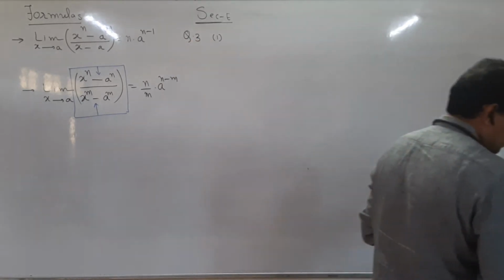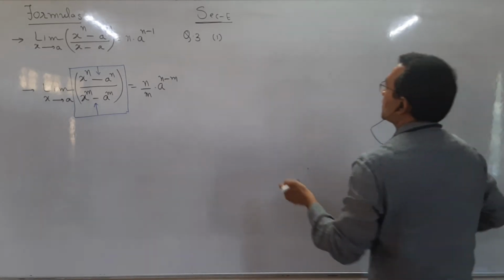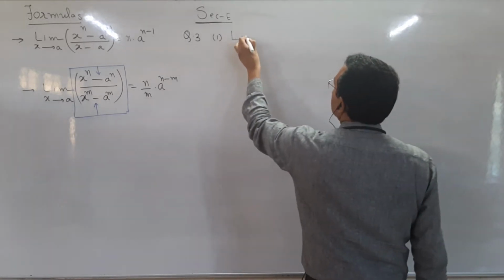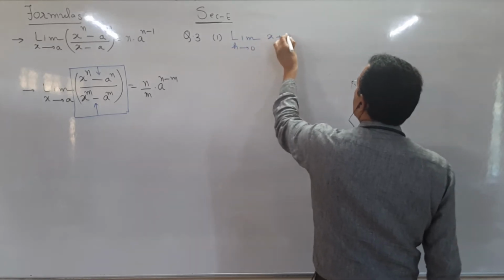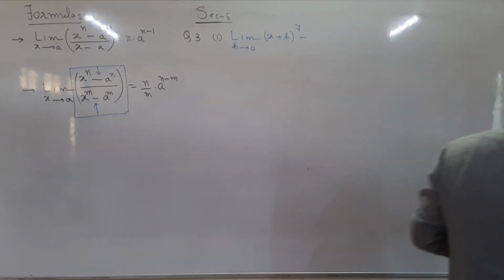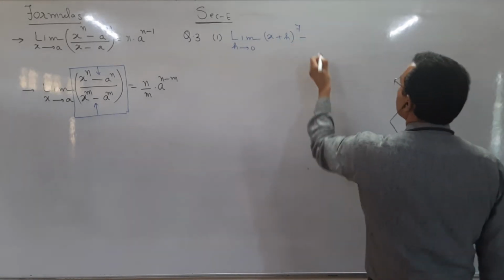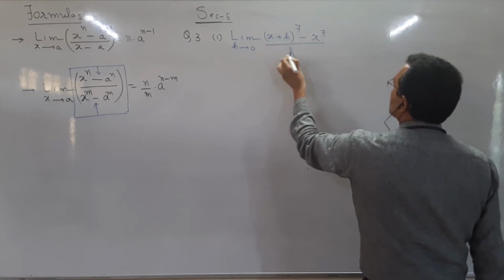Part 1 is limit h tends to 0, x plus h raised to 7 minus x raised to 7 upon h.